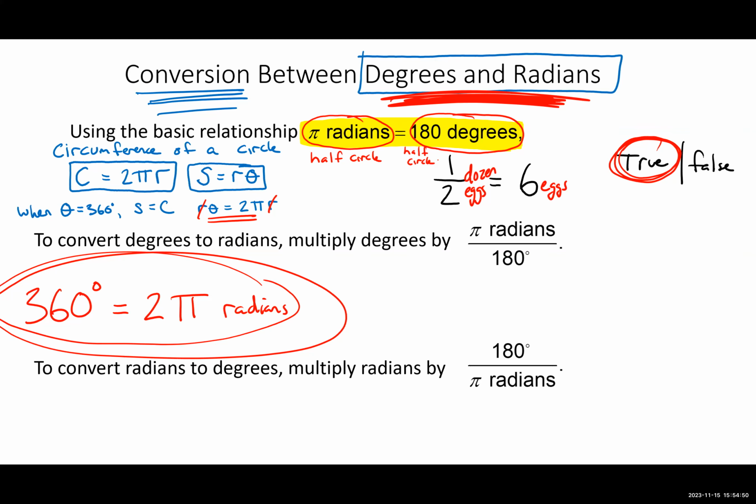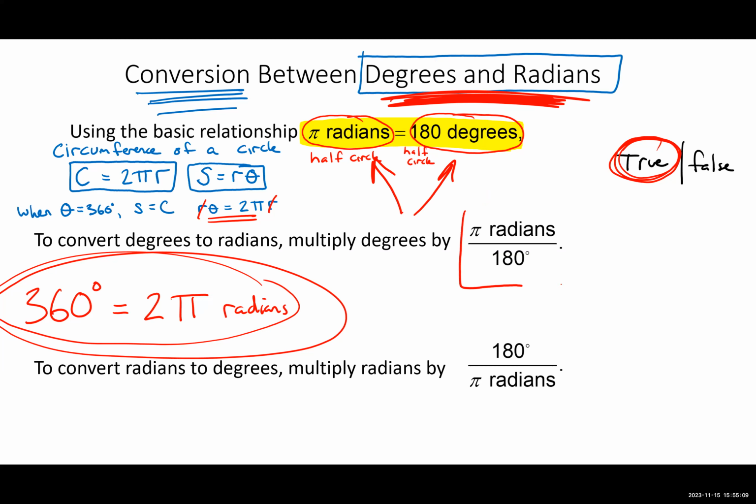So in the same way, 1/2 dozen eggs is the same as 6 eggs. These two guys are equal: pi radians and 180 degrees.